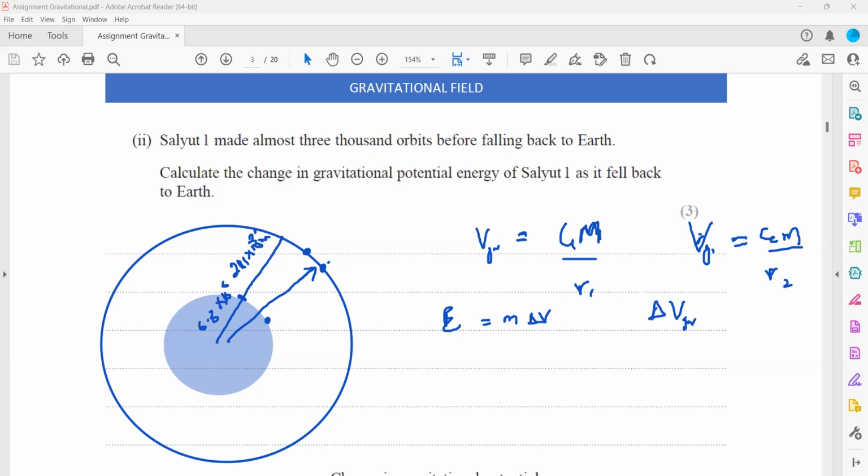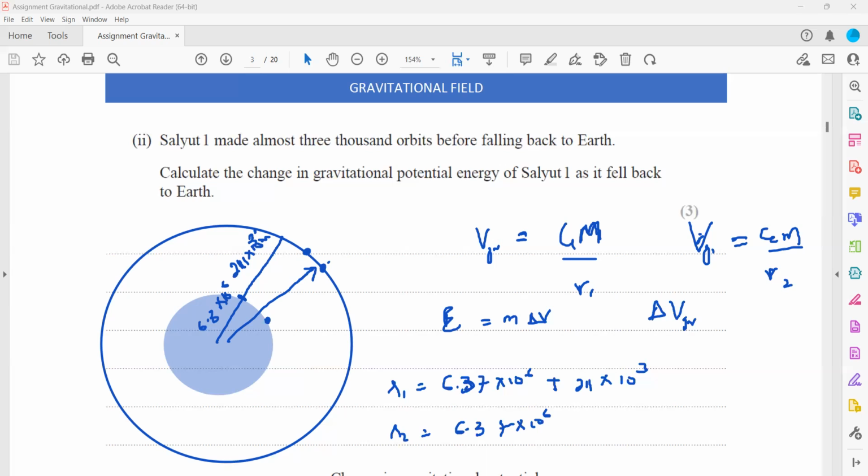The only difference is the distance we use, R1 and R2. For R1, it will be the sum of 6.37 × 10^6 plus 211 × 10^3. And R2 will be equal to 6.37 × 10^6, on the Earth's surface.